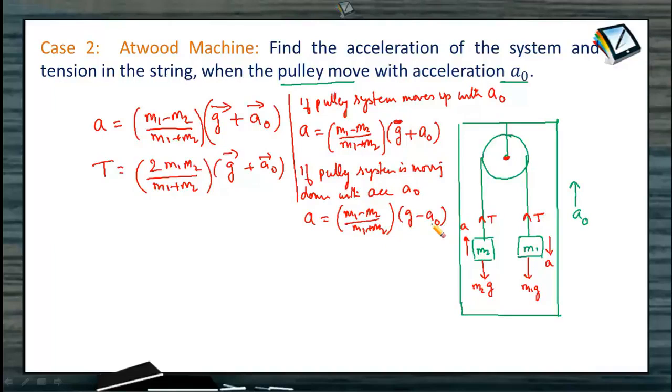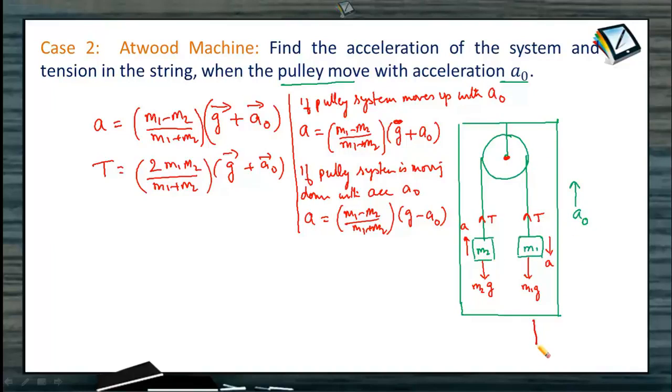Similarly, we can also write the tensions. Now you will ask how we got these equations. Let us consider the complete pulley system is moving upward with acceleration. Although this M1 is coming down inside this system, net M1 will be moving with an acceleration A0 upward, as well as M2 also moving with an acceleration A0.